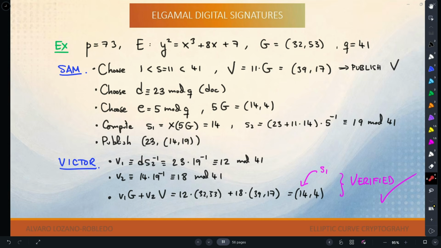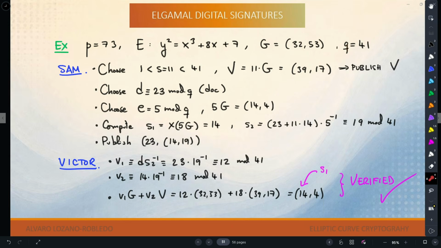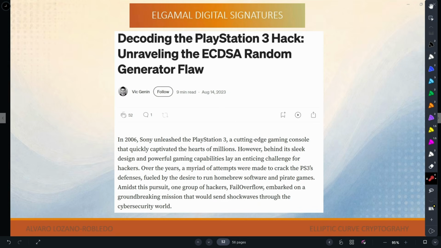I have here an example of a verification. So let me just point out again that this number, you're supposed to be changing every time you send a document. And that had catastrophic consequences. Well, catastrophic for Sony, not so catastrophic for PlayStation owners.